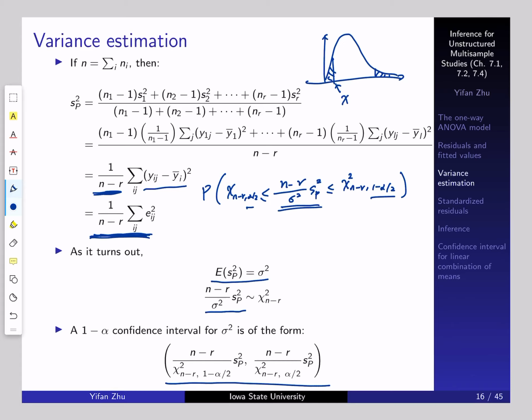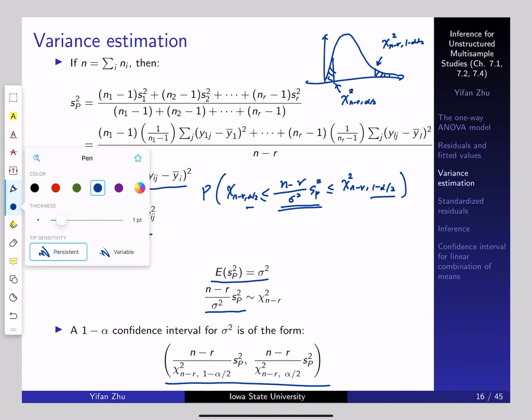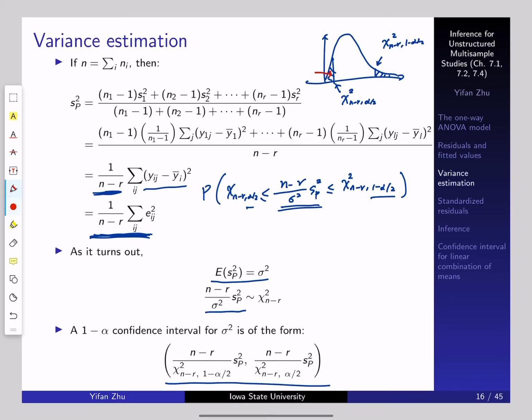This is chi-squared alpha over 2, and this is chi-squared 1 minus alpha over 2, right? So this tells you that the area in between is 1 minus alpha, right? So this probability would be 1 minus alpha.